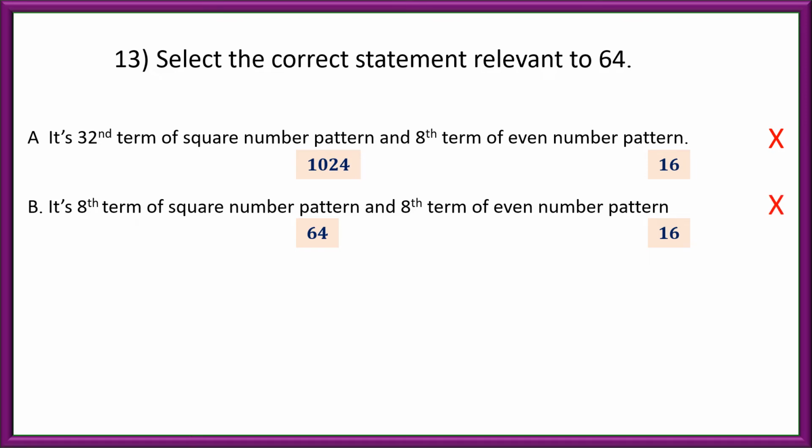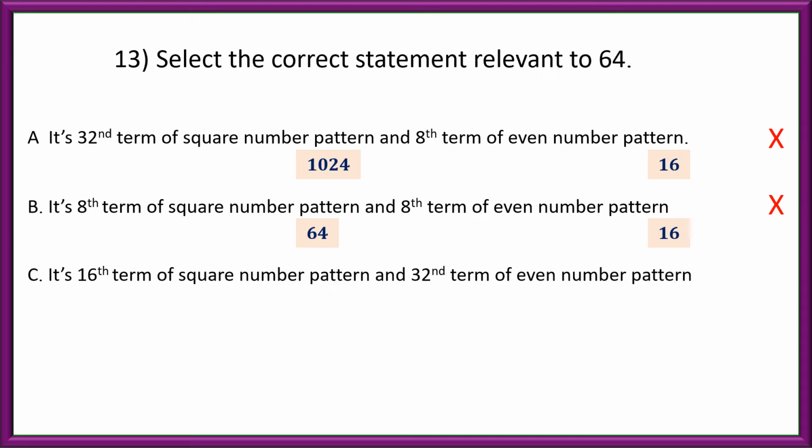Now let's move to statement C. Answer for the first part, that is 256. Answer for the second part, that is 64. Second part okay, but we cannot take this whole statement as the correct statement.